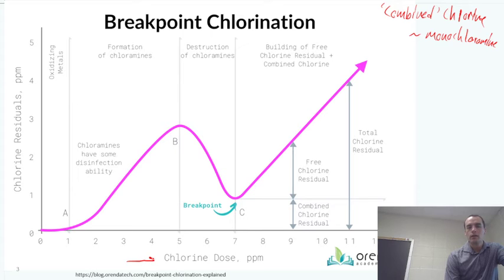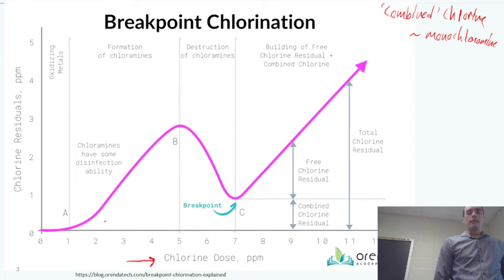When we first start adding, let's say, the first milligram per liter of chlorine, or ppm, that we add, we essentially get no impact. Now, this is just some example water, maybe a typical surface water. So almost no impact because we're oxidizing these metals. That's kind of the first thing to react, and we're just not getting much of anything.